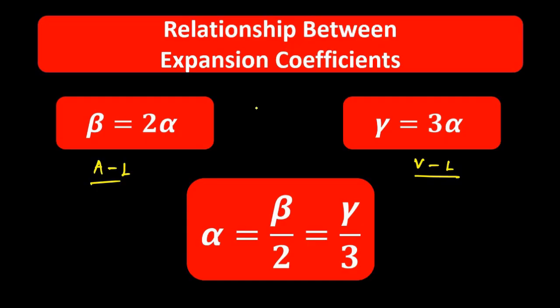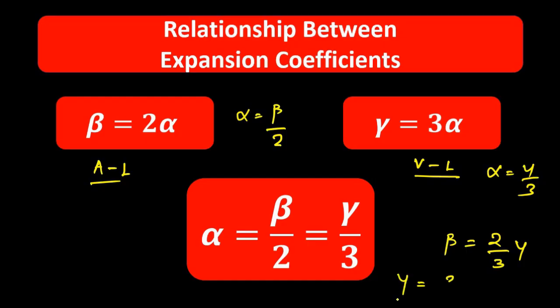If we combine these two, we have alpha is equal to beta by 2, which is equal to gamma by 3. So we can say beta is equal to 2 by 3 gamma, or gamma is equal to 3 by 2 beta. Anyway you want to remember it is your choice, but this is the general relationship between expansion coefficients.